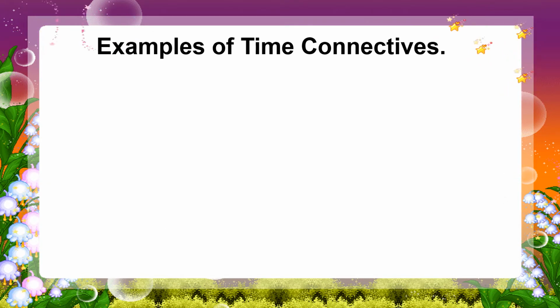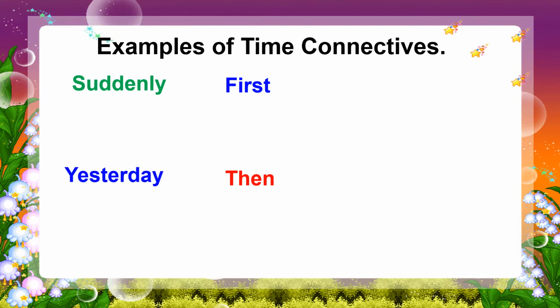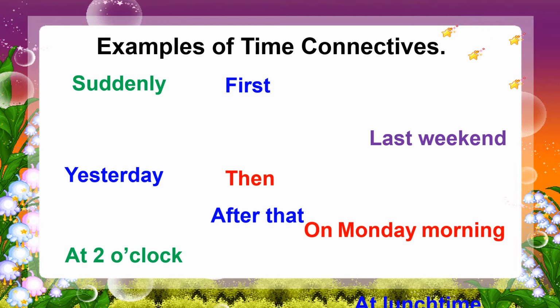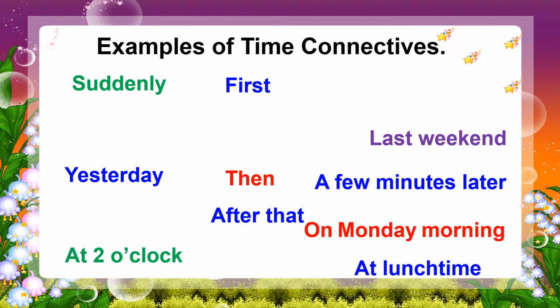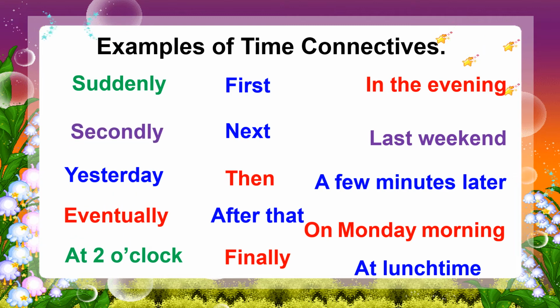Here are a few examples of time connectives. Suddenly, first, then, yesterday, after that, on Monday morning, last weekend, at 2 o'clock, at lunchtime, a few minutes later, in the evening, eventually, next, finally, and secondly.